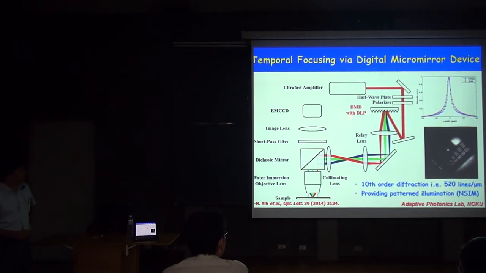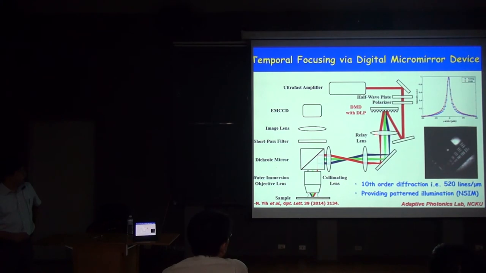This DMD not only generates the pattern for structured illumination, it can also act like the grating. We calculated the diffraction around the 10th order, as for a grating of about 529 lines per millimeter.